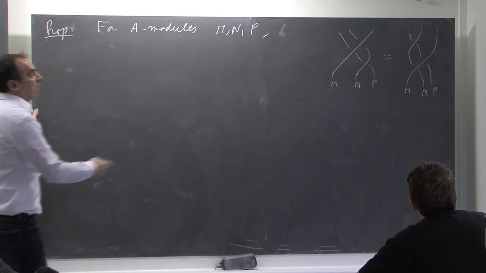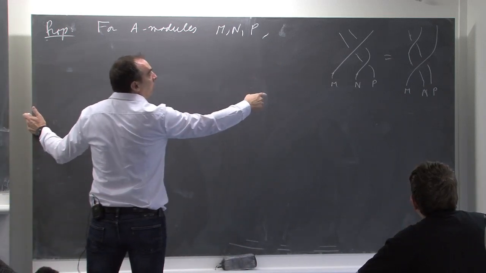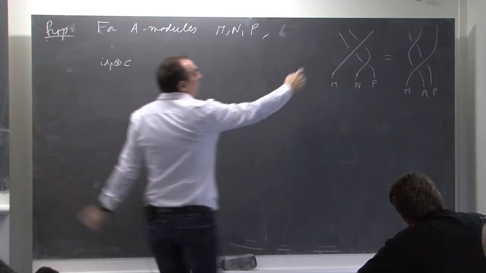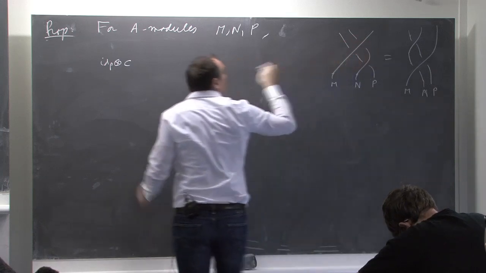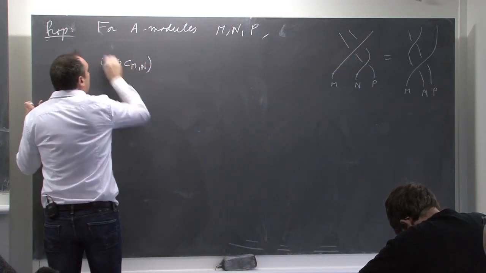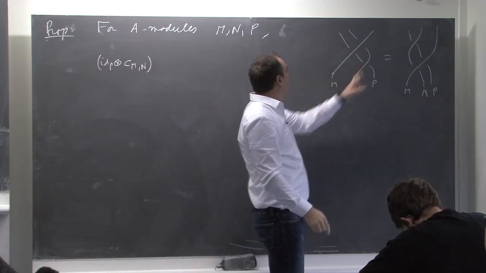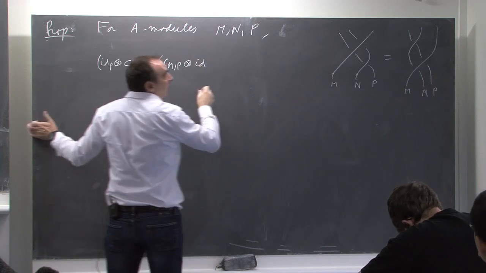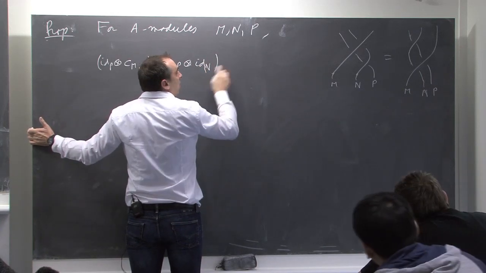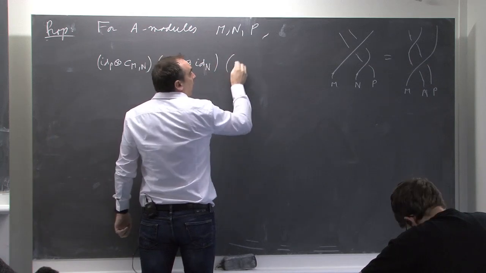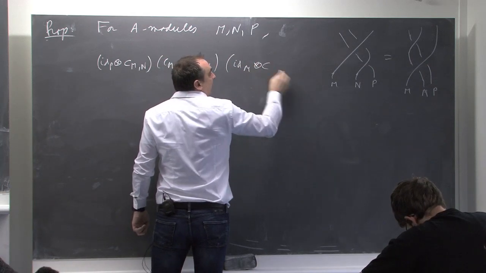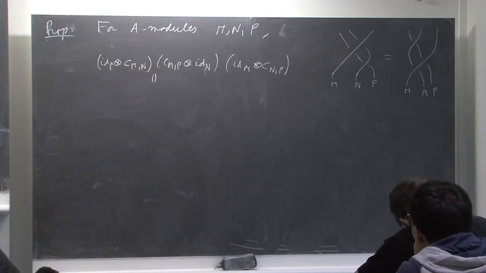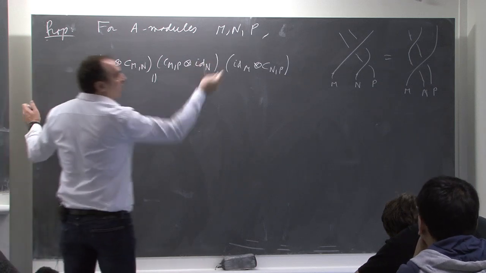It means that identity of P times C_{M,N}, then C_{M,P} times identity of N, then identity of N times C_{M,P}, is equal to, so the other side, what do we have?